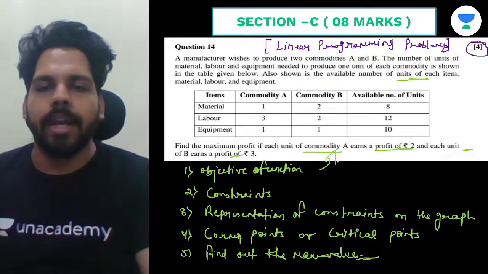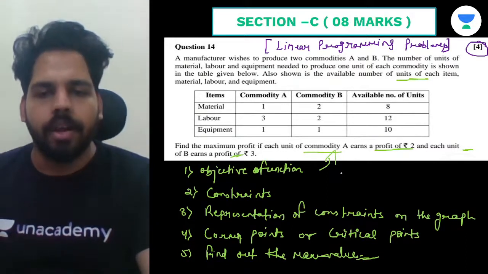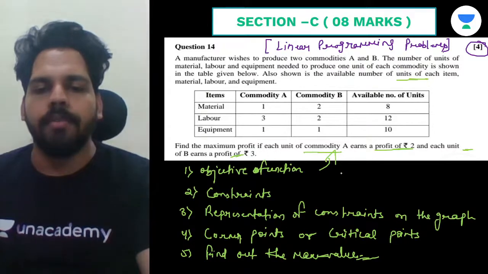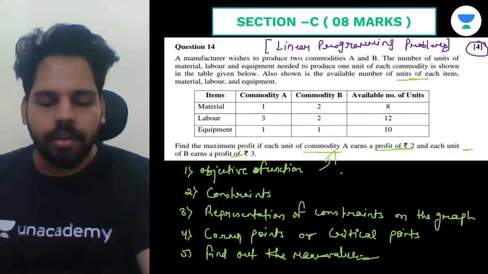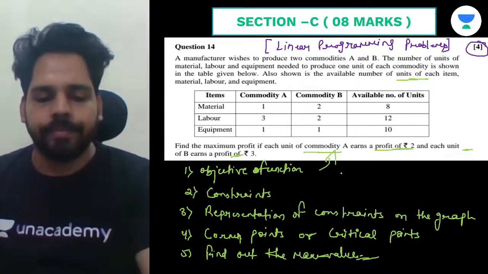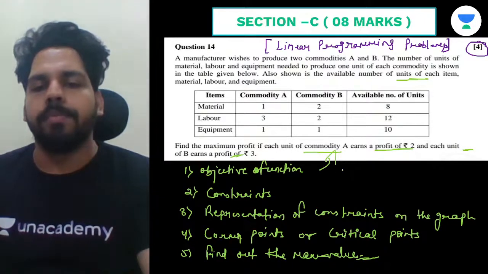So we can let the number of units be x and y. If we take the number of units as x and y, then only we can find out the objective function. First of all, you will write your objective function.